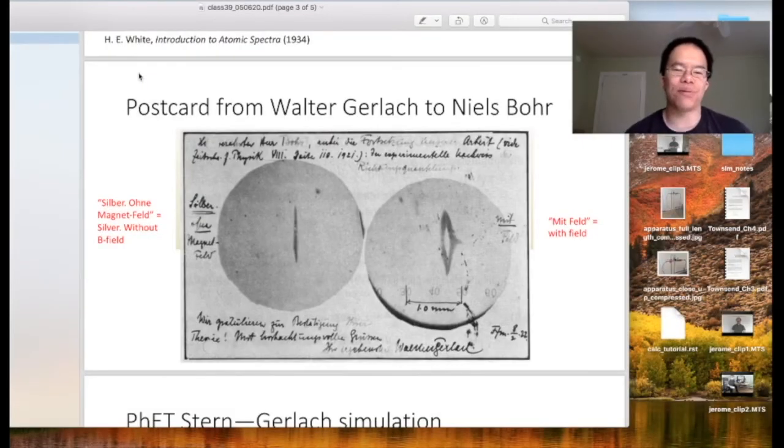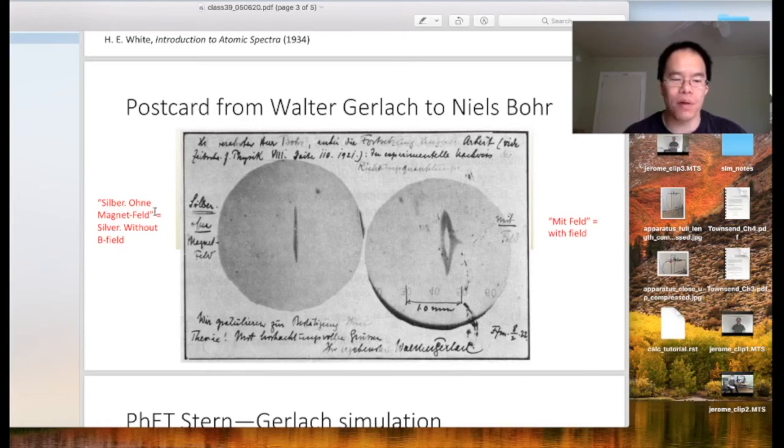So this just shows a postcard that Walter Gerlach sent to Niels Bohr showing initial results from the Stern-Gerlach experiment. In this postcard, the way they've oriented the picture, the magnetic field gradient is horizontal, which is different from the picture that was in your reading, but the same thing holds. So the picture on the left here, this streak is their beam of silver atoms.